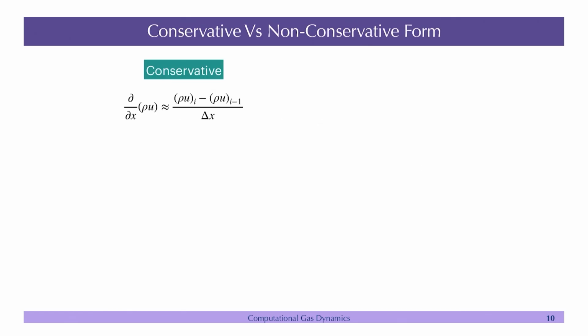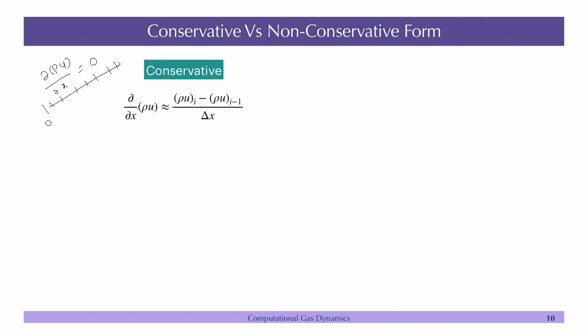So, what happens? Let us look at this conservative form, and let us say that you want to solve an equation. You have del rho u by del x equal to 0 or some boundary condition, and you want to solve this problem. If you have any exposure to any discretization approach, maybe finite difference, you divide the domain. Let us say you want to solve this problem between 0 and 1.